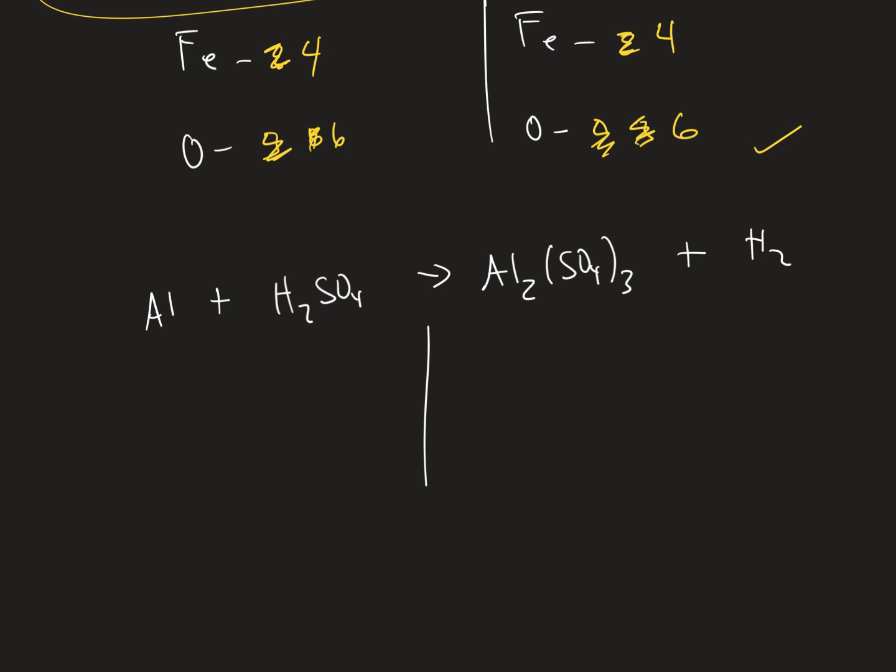Okay, what substances do we have on the left? What components? Aluminum, sulfate, and hydrogen. There we go. And we should have the same on both sides. Make sure we do.